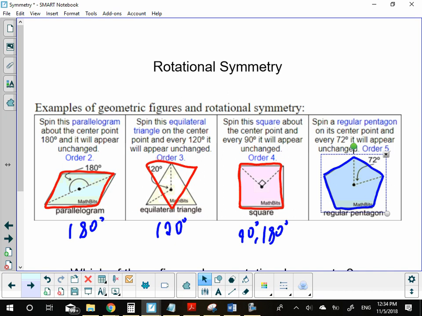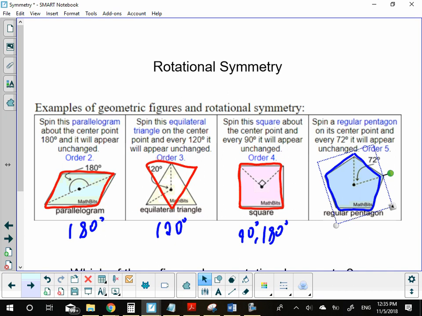Can I rotate that any way to get it to affect the original figure? Let's see if I can find a way to make it look like what we started. It's a little off. I drew that right. That's supposed to be about the same there.